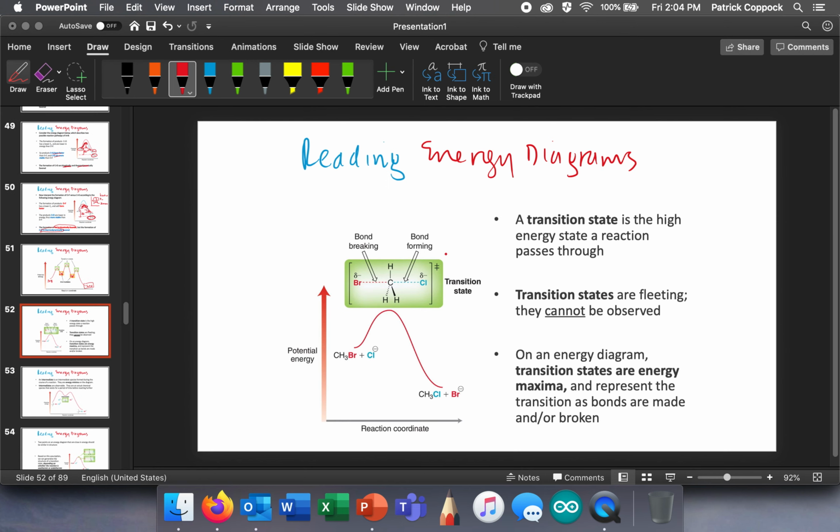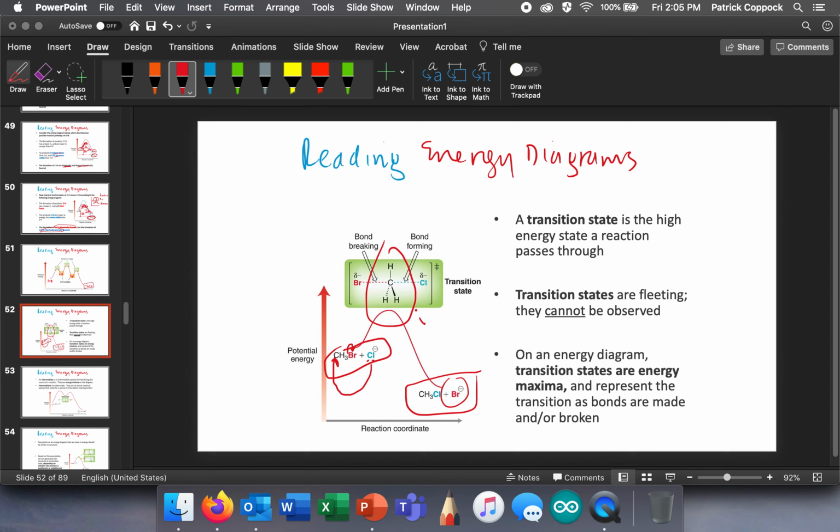Now let's appreciate that a transition state is when two molecules or particles are reacting with each other, so the transition state has some features of both. Here it looks like we've got chloride coming in. There's going to be a lone pair of electrons on here. We're going to do this next chapter. These electrons are going to come there, and while they do, bromide begins to break off.